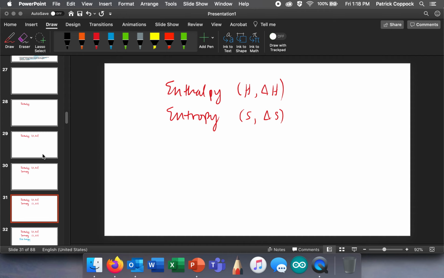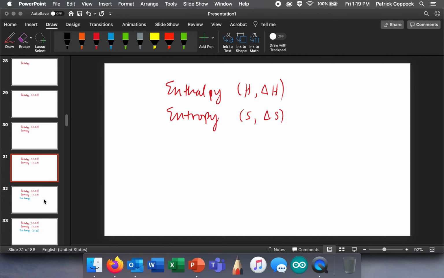We take both of those terms and wrap them up in one term called free energy. Free energy tells us if a reaction is spontaneous or not. The symbol we use for that is G, because we're specifically using Gibbs free energy.